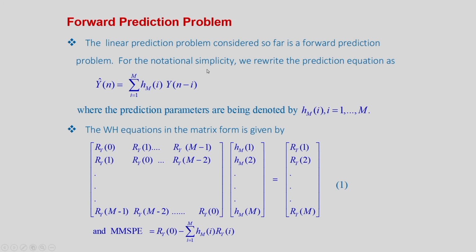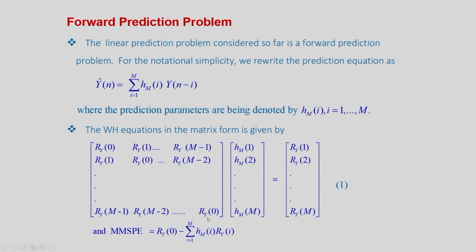For notational simplicity, we rewrite the prediction equation as y hat n equal to summation h_mi into y[n minus i], i going from 1 to m, where the prediction parameters are denoted by h_mi, i going from 1 to m. Here we have included the order parameter m as a suffix. The Wiener-Hopf equations in matrix form are given by this.